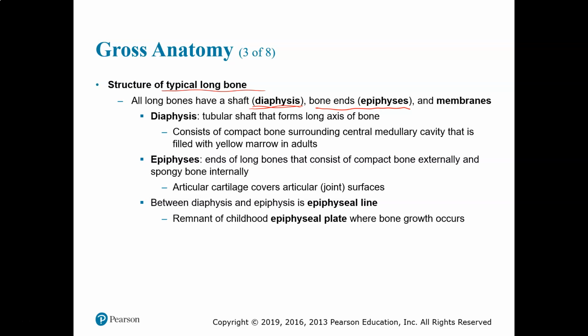The diaphysis is the shaft, and it consists mainly of compact bone, and it contains a marrow cavity or medullary cavity that is filled with yellow marrow. So ask yourself, what is the function of the medullary cavity of long bones? Is it to produce blood cells or store fat? The answer is in the color. It's yellow marrow, so the main purpose is to store fat.